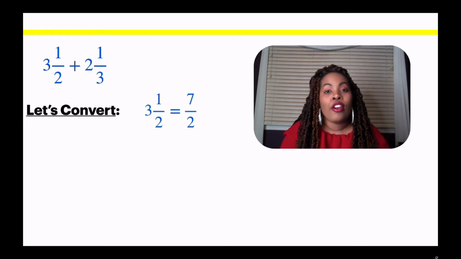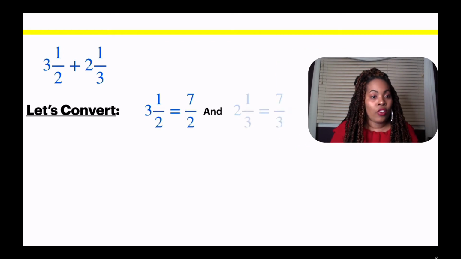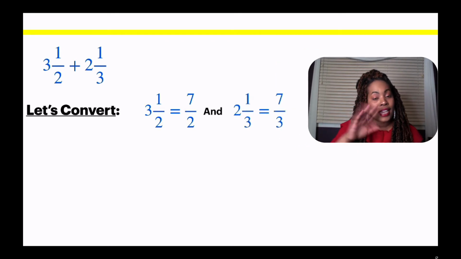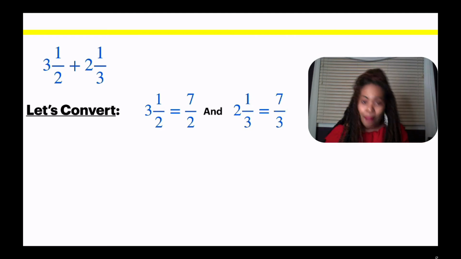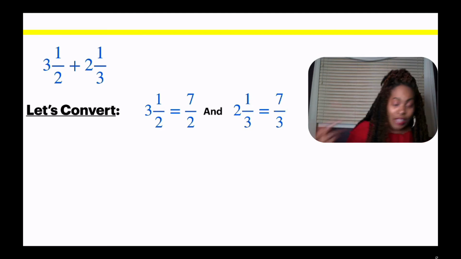Here we go. 3.5 is converted to 7/2, and then we're going to take our 2 1/3 and it's converted to 7/3. Beautiful. Now that we have our 2 fractions, we're going to ask ourselves my favorite question. Are these the same things? Because the only things you can add are the same things, and when you add the same things, you get the same things.